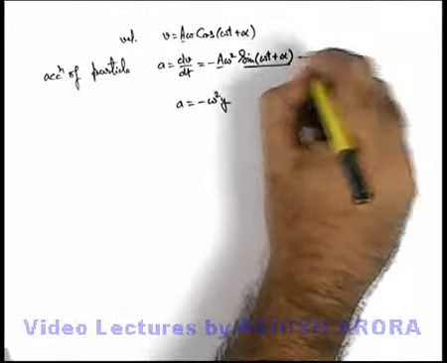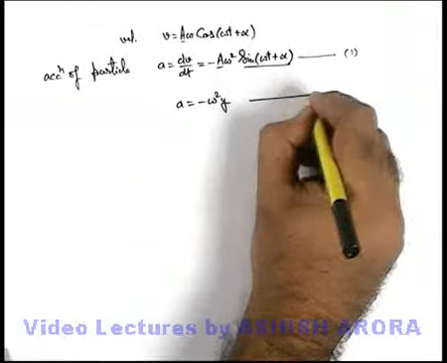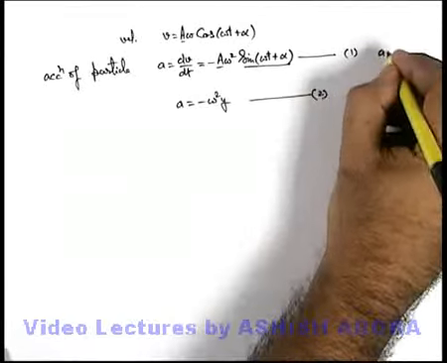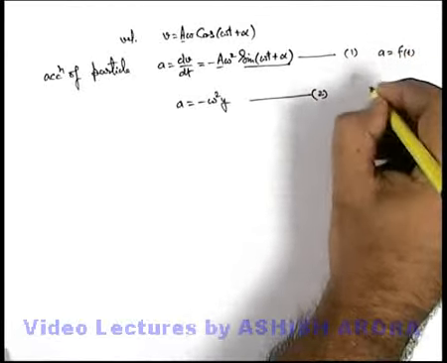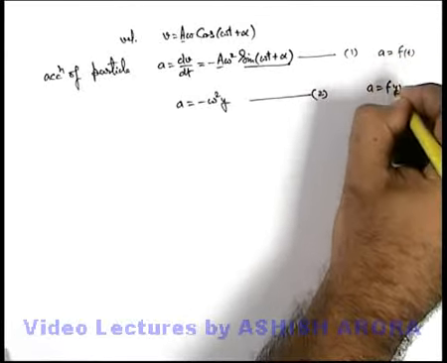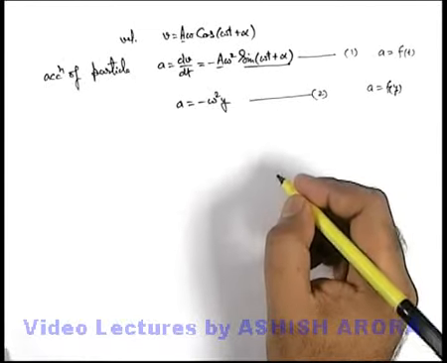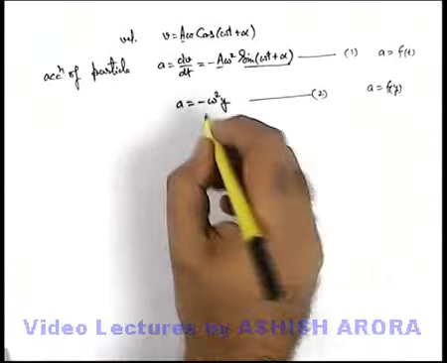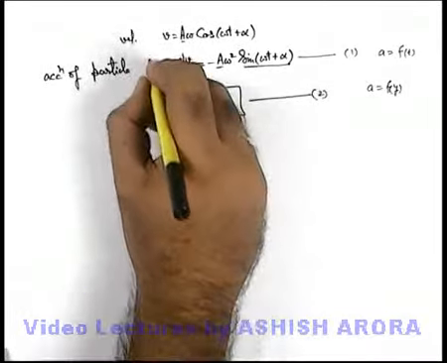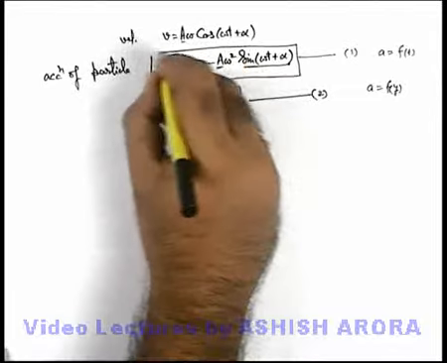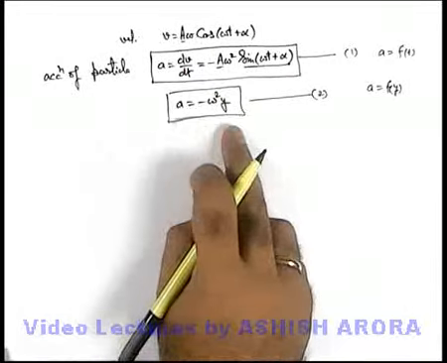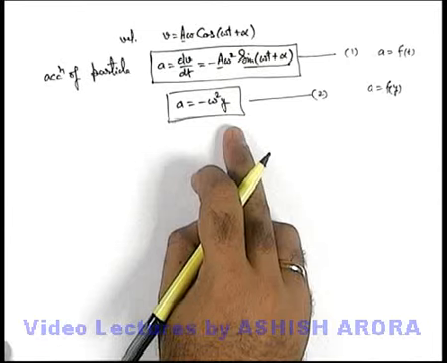So these two expressions give us the acceleration as a function of time and acceleration as a function of displacement. Just keep both of these expressions with you, because these are quite useful in the analysis of acceleration of a particle in SHM.